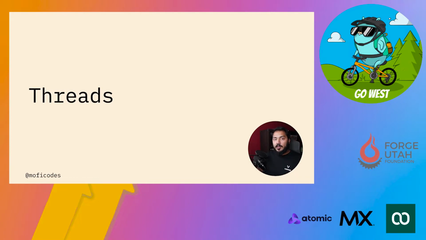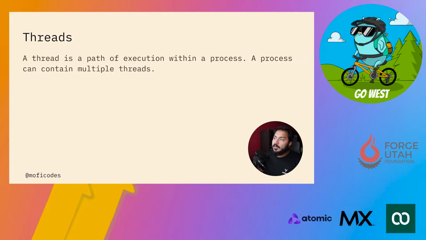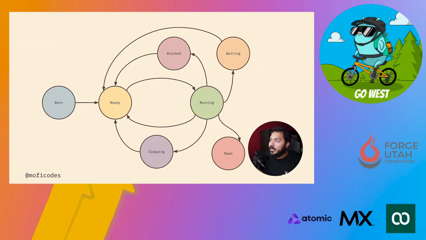After processes, a little smaller thing in our machine are threads. Threads are a path of execution within a process. A single process can, and almost certainly will, have multiple threads. A thread has states similar to a process. It is born, it becomes ready, and at some point it gets to running. For certain things, it can get to blocked, as in blocked on something.